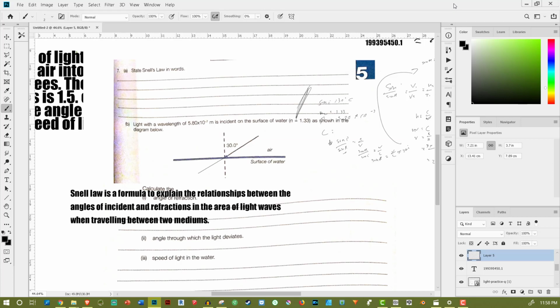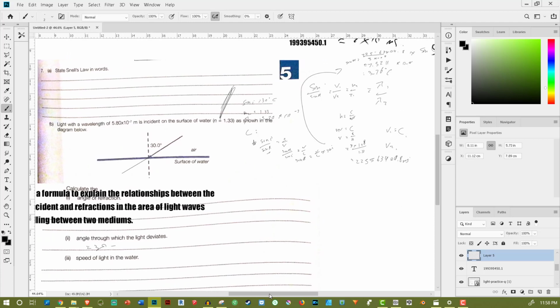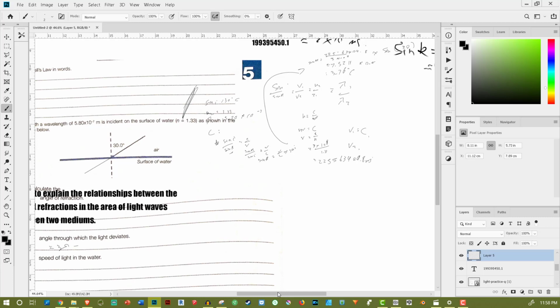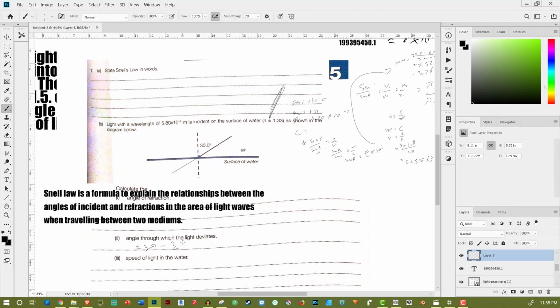So right, estimation of 30 minus 3.76, and that will equal 28.24, I think. 28.